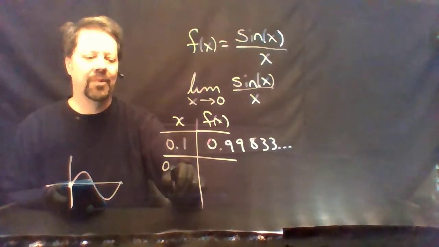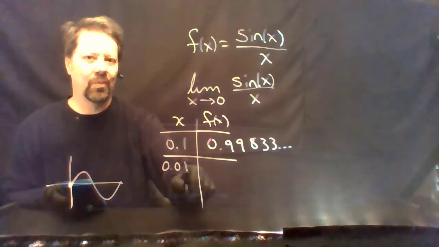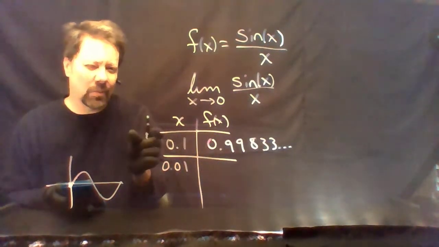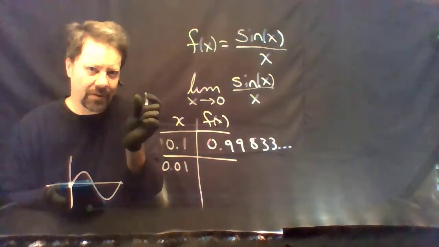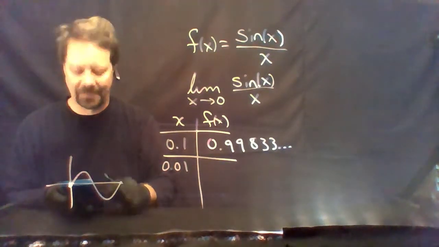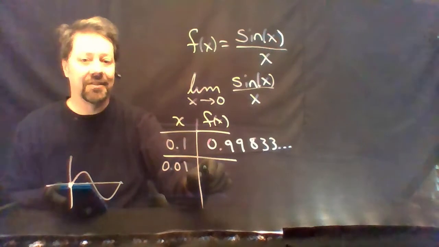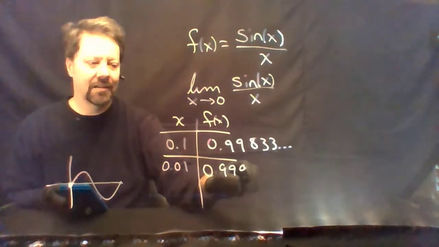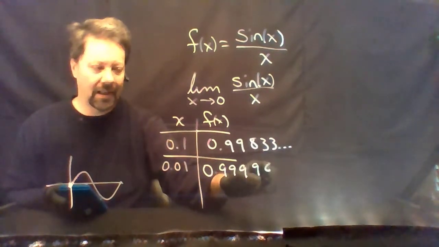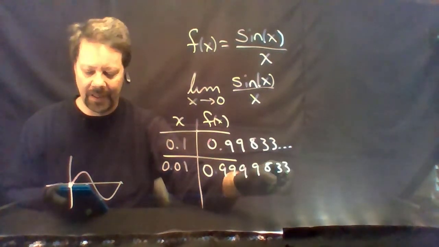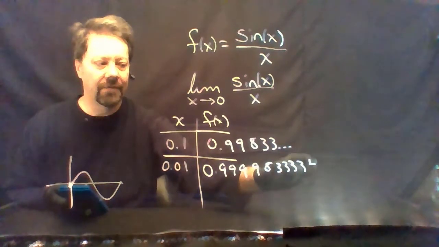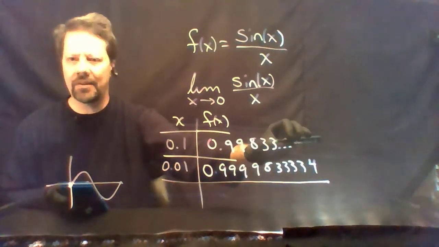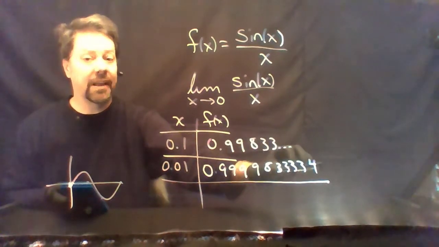How about 0.01? What is the value of this ratio as we squeeze way in there, 1/100th of a unit away from 0? My calculator is giving me 0.99998333334. So the number went from something close to 1 to something even closer to 1.